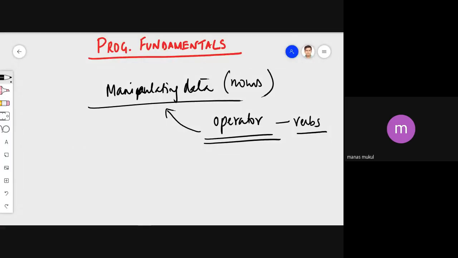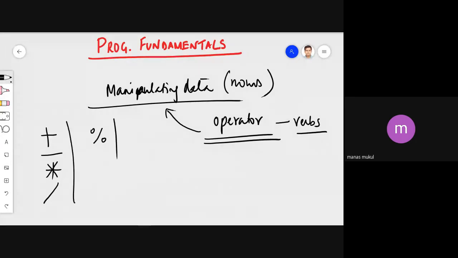In fact, you have already learned about some operators. Basically, when you started your schooling, you used operators like addition and subtraction. You have also used multiplication in mathematics, but the same multiplication in a programming language is represented by a star. This is division and this is remainder.